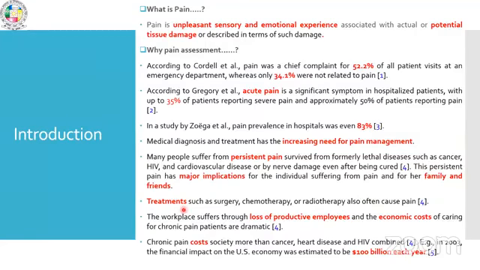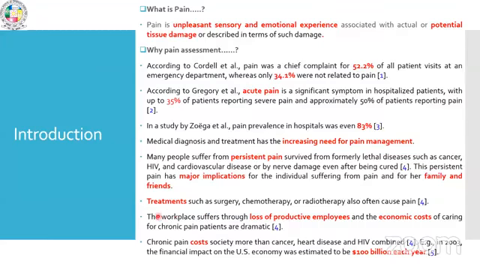Treatments such as surgery, chemotherapy or radiotherapy also often cause pain. Even a lot of people are suffering from chronic pain. If somebody is having, say, arthritis, they will have that pain for a long time and become habitual to it, and that sort of pain will survive with the patient for a long time, right?